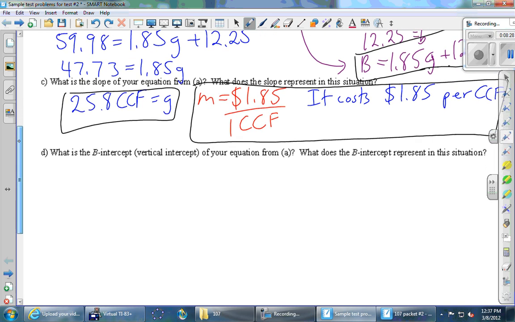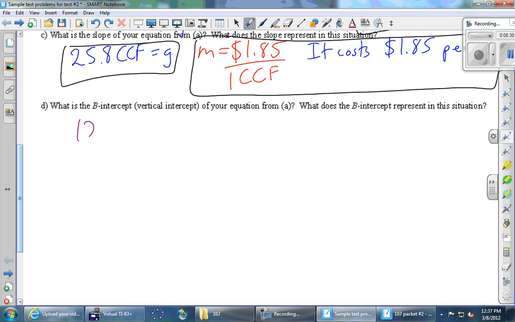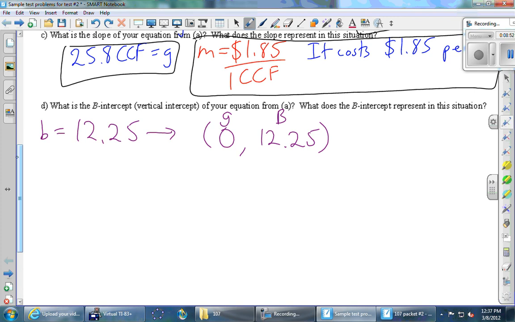So let's see, 12.25 is the intercept. I'll go ahead and say that's little b. And so the point that we're interested in here is 0, 12.25. You don't need to write it, but I like listing the 0 so that I have a sense of what's going on. And so what that means is that if you buy 0 CCF of gas, you will be billed $12.25.